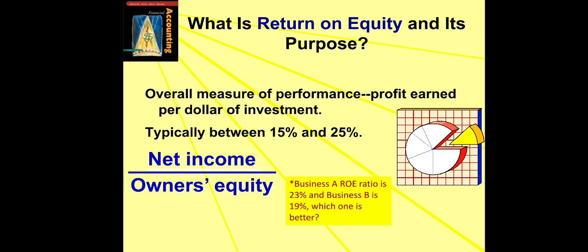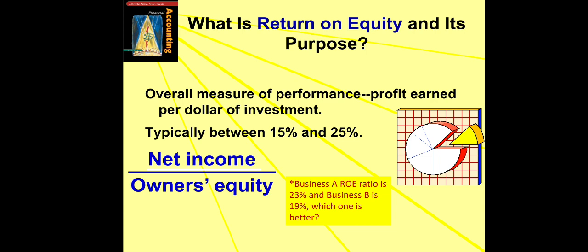So see, this return on equity ratio is an overall measure of performance, profit earned per dollar of investment. Remember, the return on sales ratio measures profit earned per dollar of sales, but this ratio measures profit earned per dollar of investment.